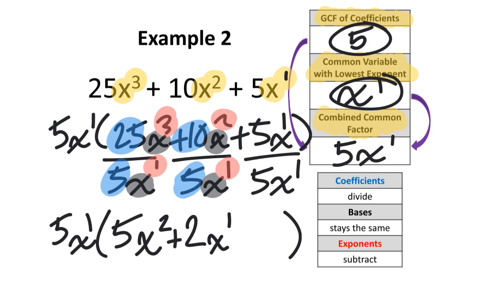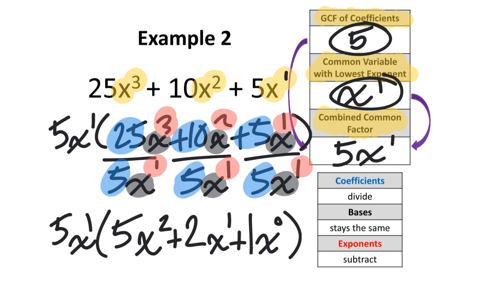Again, we're going to repeat this process once more. Coefficients get divided. So 5 divided by 5 will give you 1. And we want to add a positive sign in front of it. And bases are going to stay the same. So that's going to remain x. And last, you want to subtract exponents. So 1 subtract 1 is going to give you 0.